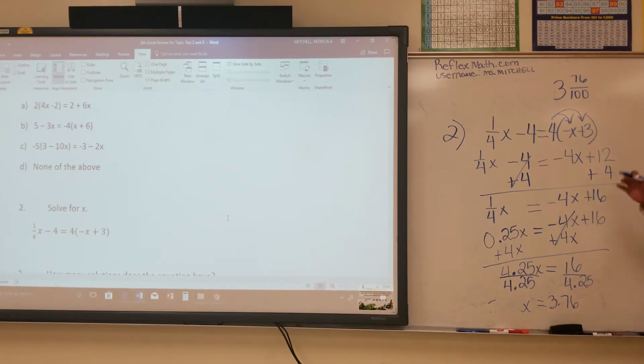Good. All right, from here, we can't leave this like this. Why? Because we can reduce, we can simplify, okay? So, when we simplify 3 and 76 over 100, remember, that whole number stays the same. Don't touch that whole number, all right? Now, we need a number that can go evenly into 76, the numerator, and evenly into the denominator, 100.